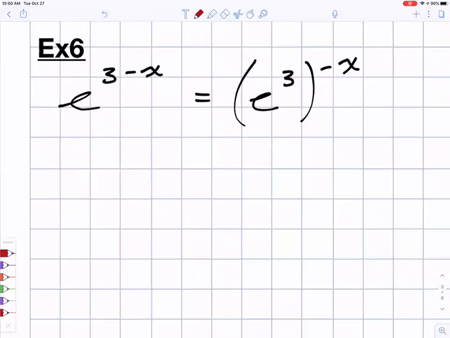All right, let's look at number 6. Okay, so number 6, we're introduced to a new number. It's called e. E is a number, you actually have an e on your calculator.